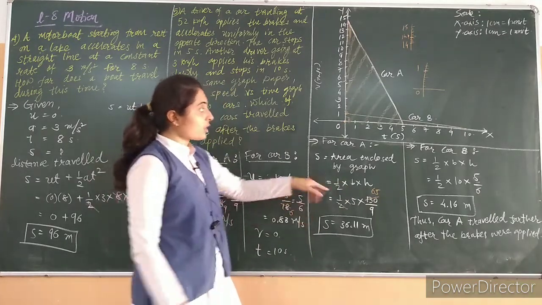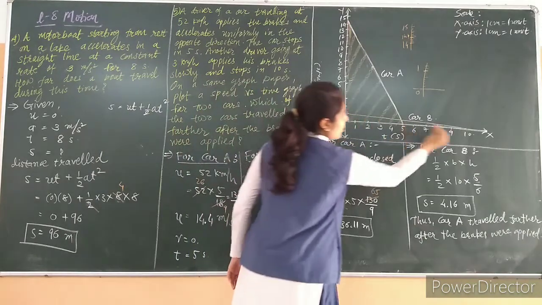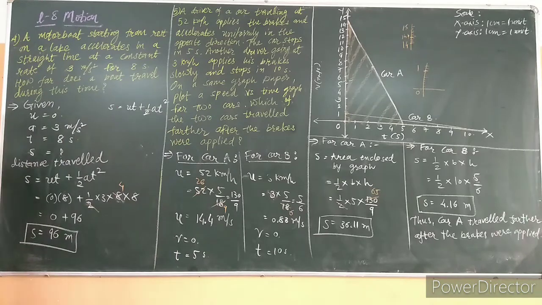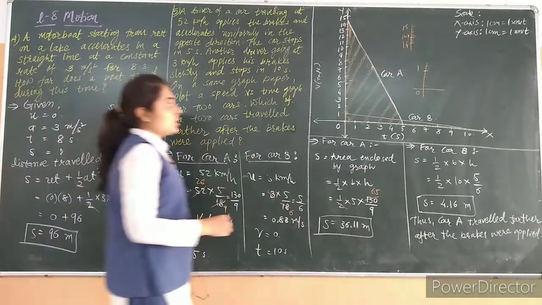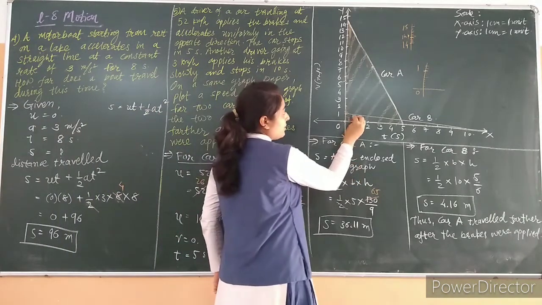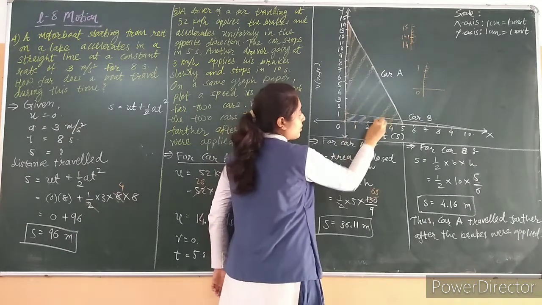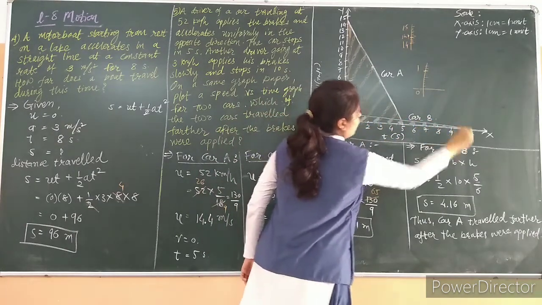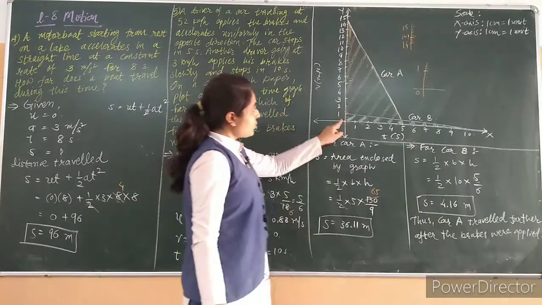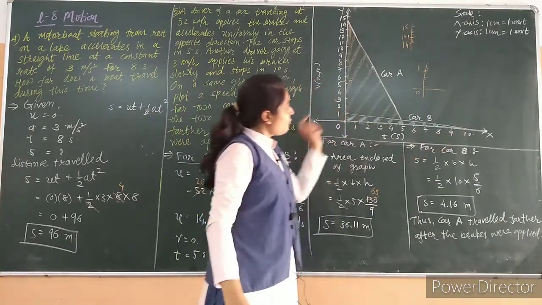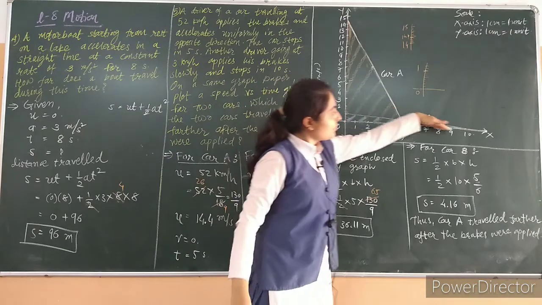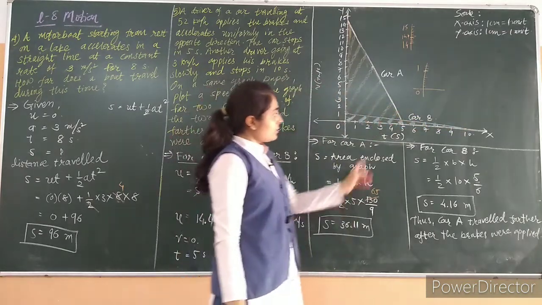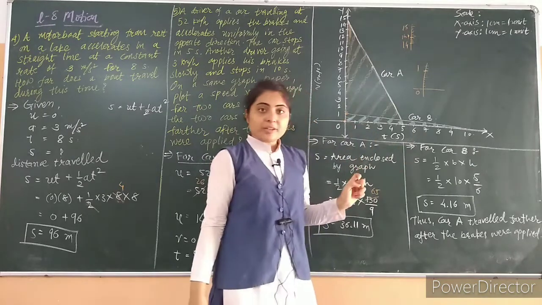Okay, that is for car A. And for car B, that makes another triangle. This is a smaller triangle. How much area is covered by this? This much area. For car B, this is the graph. So the area under this graph. Again, it is a right angle triangle.